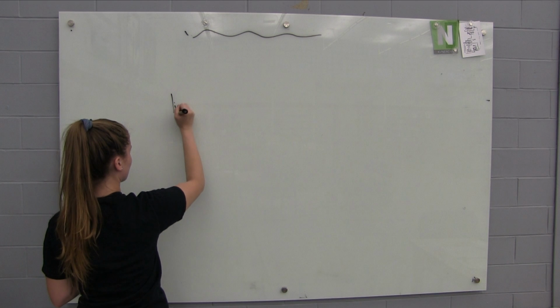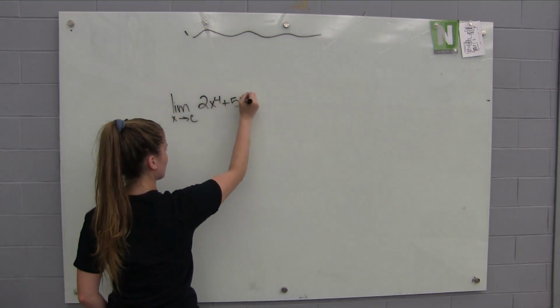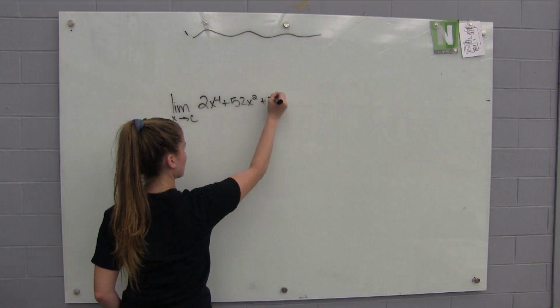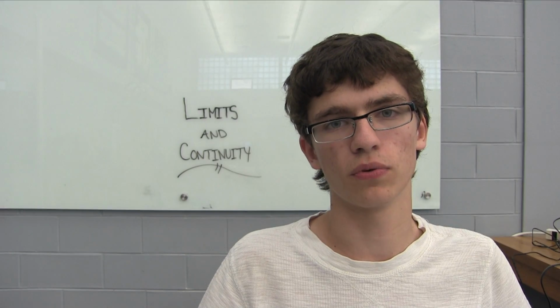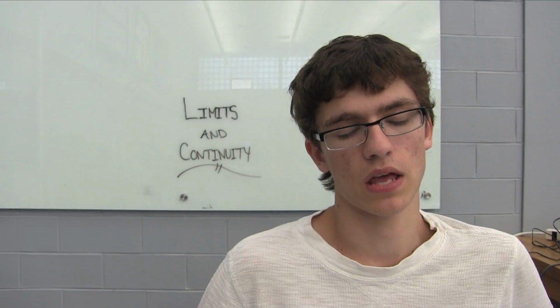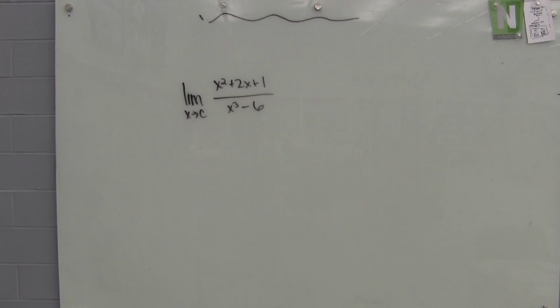So consider these two examples to help understand these previous rules. 1. The limit as x approaches c of 2x to the fourth plus 52x squared plus 2,345. All you're doing is replacing the x's with c's. That's it. That's all. Here's another example.